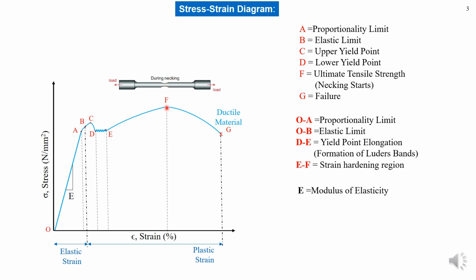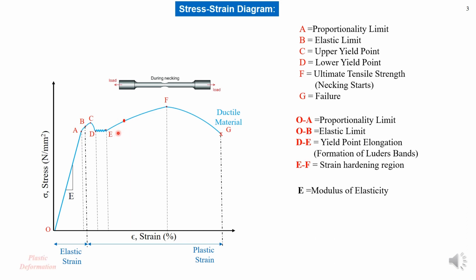And when the area decreases, the stress which is required to cause further strain decreases, and the specimen fractures at point G. Suppose I am loading this specimen up to this red point, and I am unloading this specimen, then what will happen?